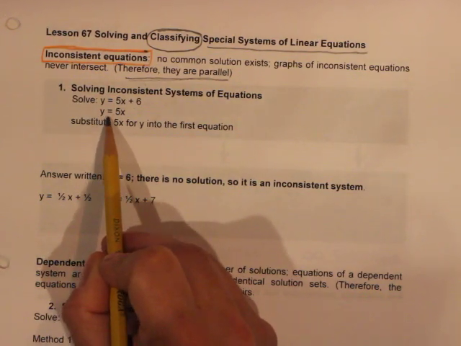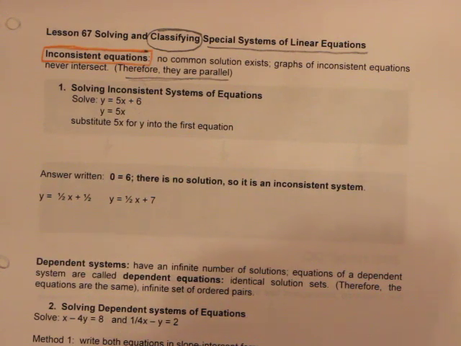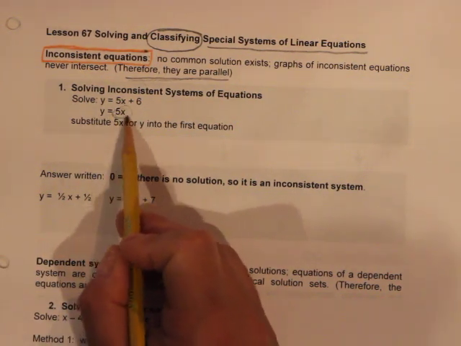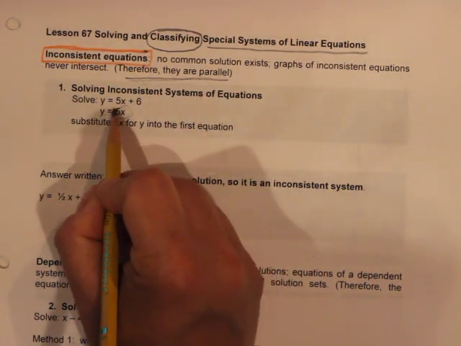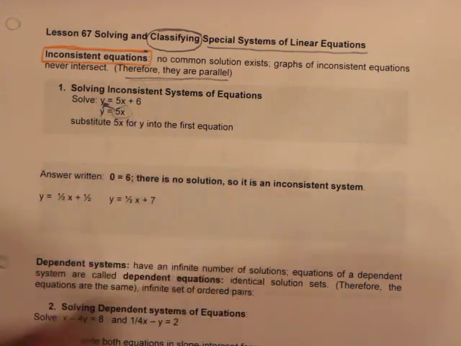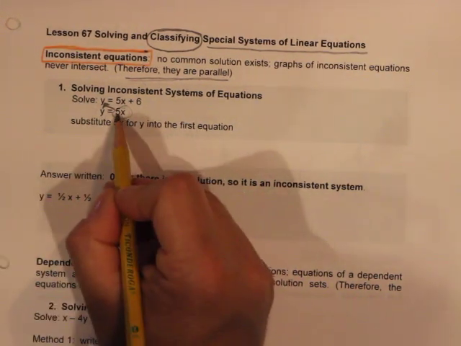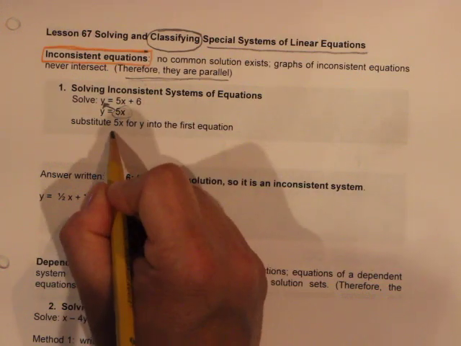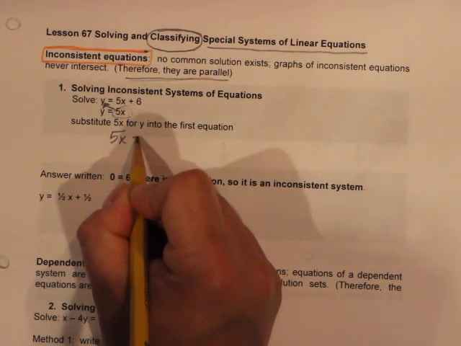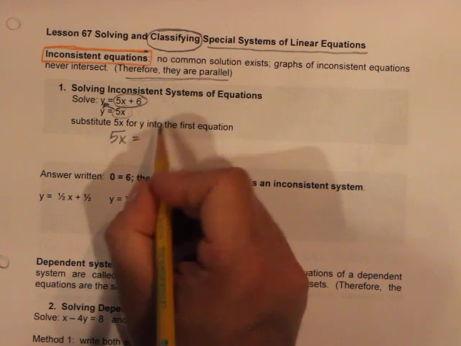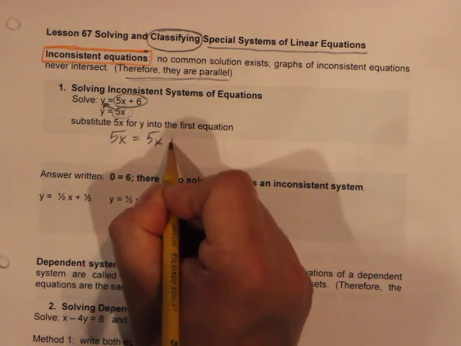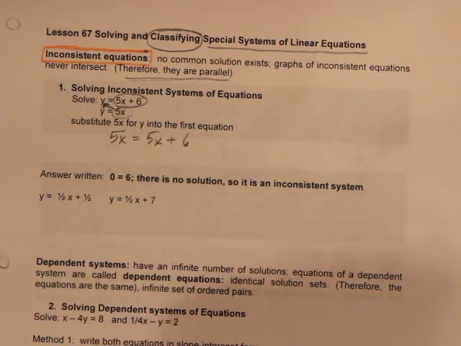Because we have y equals 5x, we could take this 5x right here and substitute it in for y. Because our equations are telling us that this y is the same as 5x, which would look like this. 5x equals 5x plus 6.